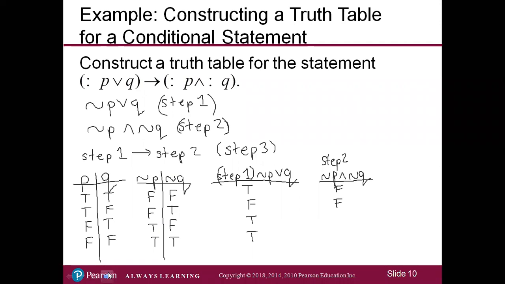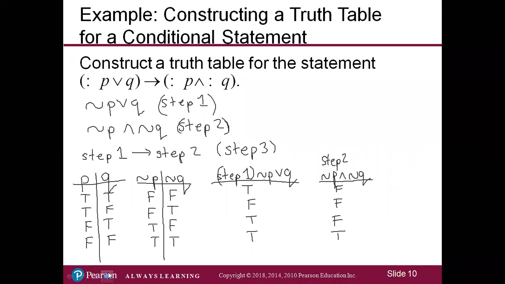So we have false, false, false, true. Now, step 3 is the entire statement, which I've run out of room for. But not P or Q implies not P and not Q. Scoot it up a little more even.